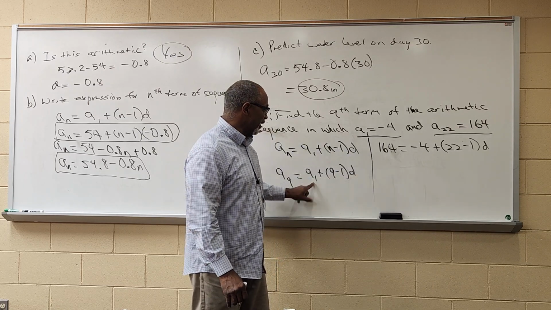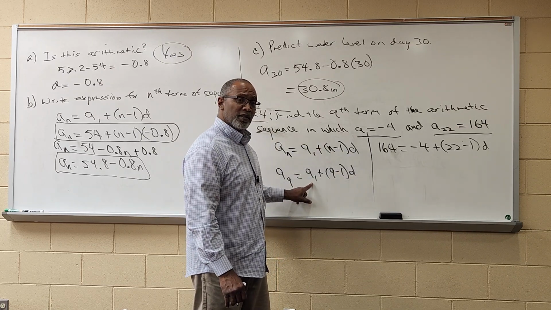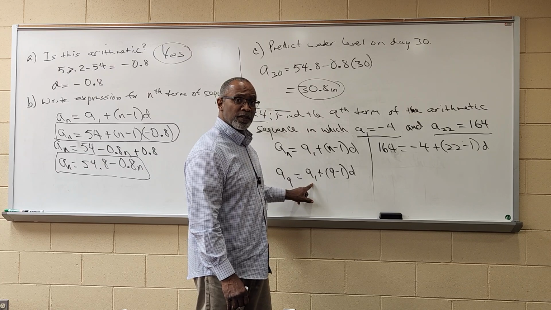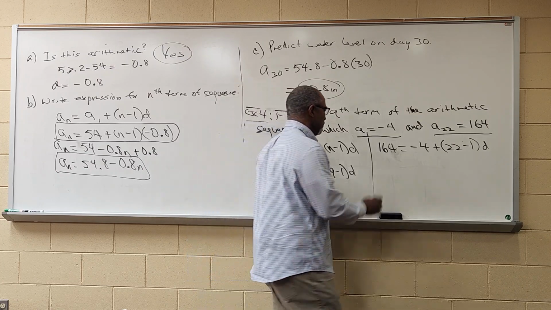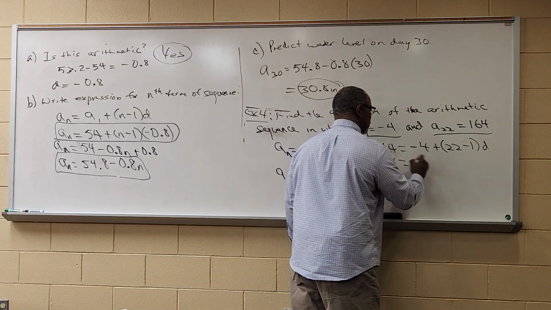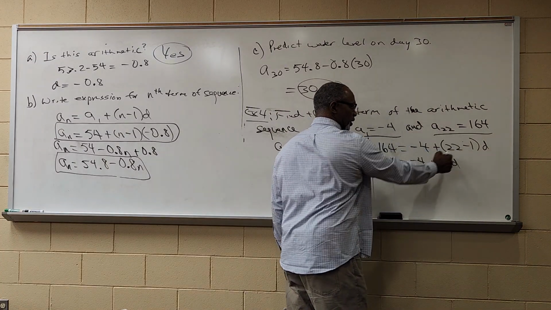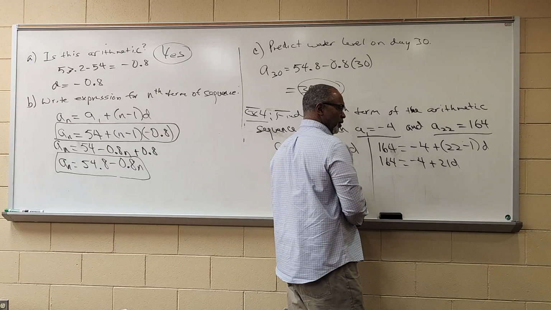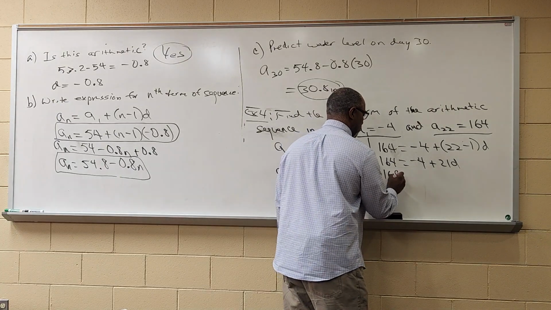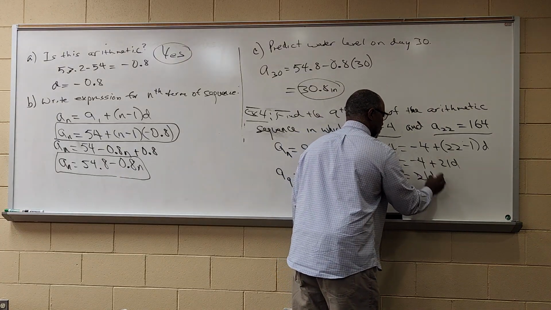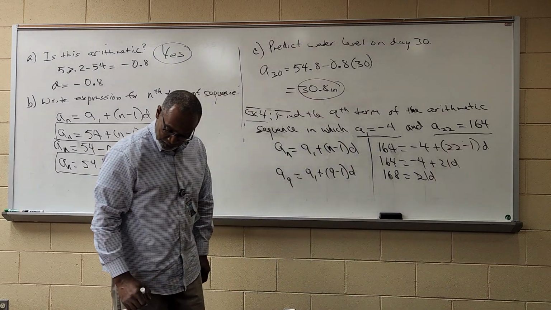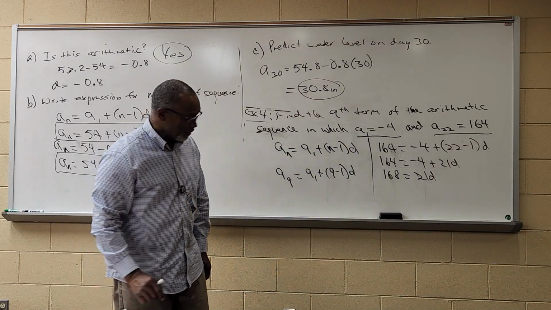Then once I find D, I'll be able to use that same formula to find A9. But I've got to get the D first. So 164 equals -4 plus 21D. 22 minus 1 is 21. Add 4 to both sides. Then divide 168 by 21. You'll get D equals 8.